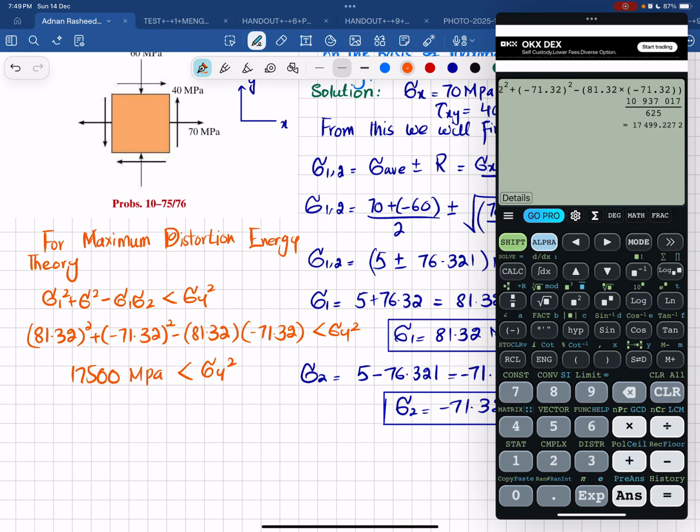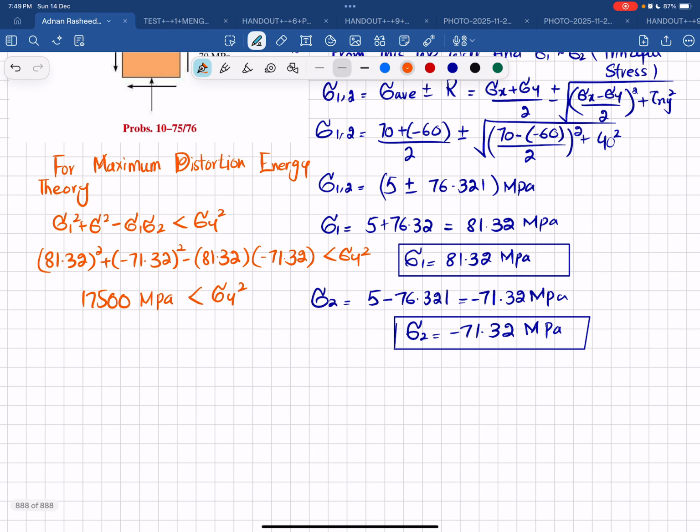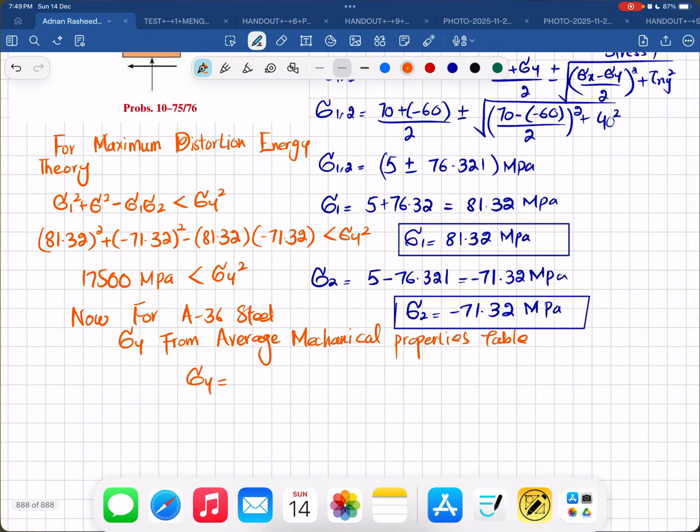Now we have been given that this material is A36 steel. For A36 steel we will find sigma y from the average mechanical properties table that is given at the end of this book. So let's find this sigma y. I will go to the book.